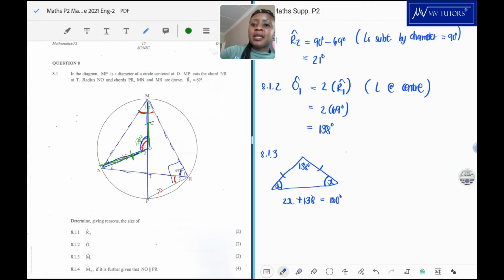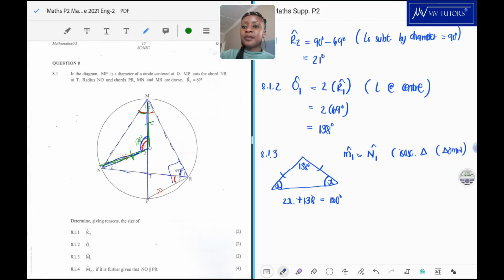So basically we say that M1 is equal to N1, and that is because we have an isosceles triangle, triangle OMN.